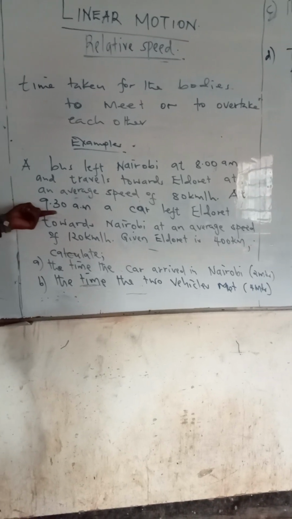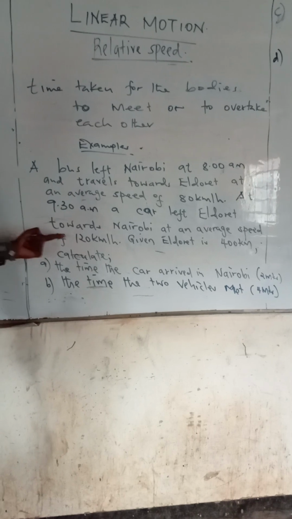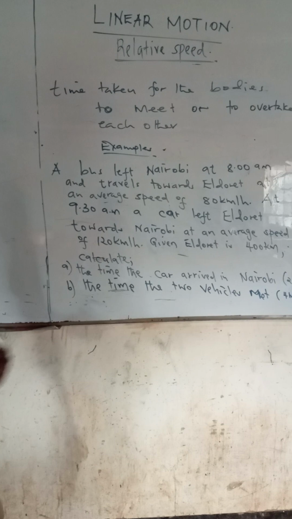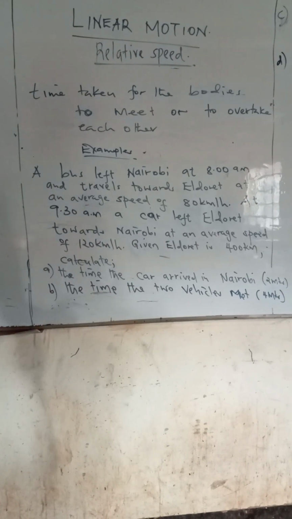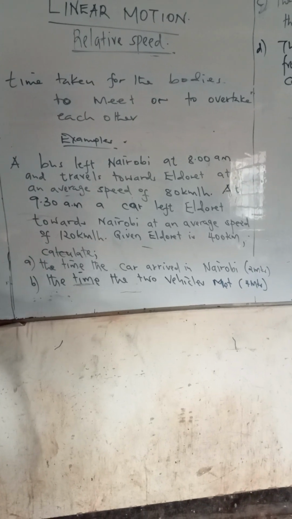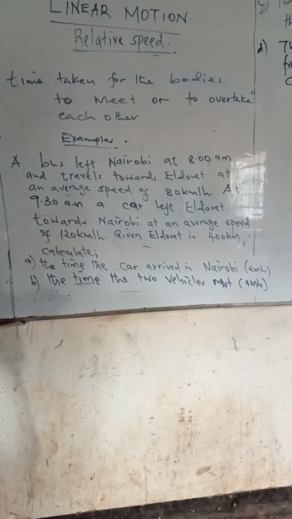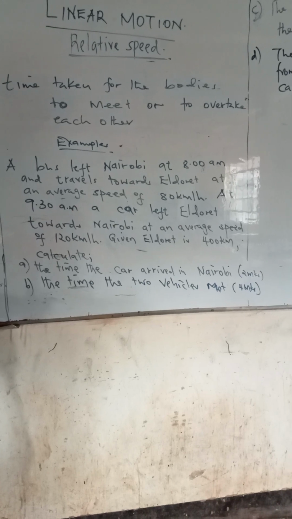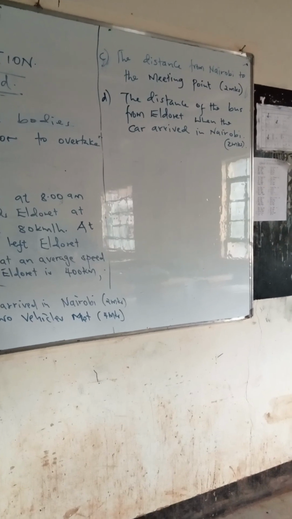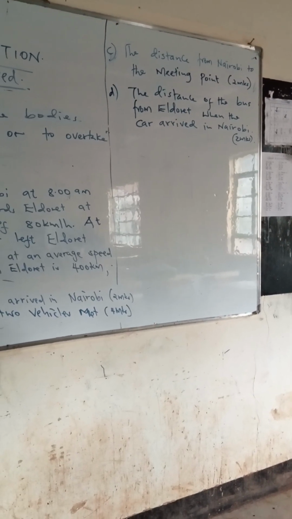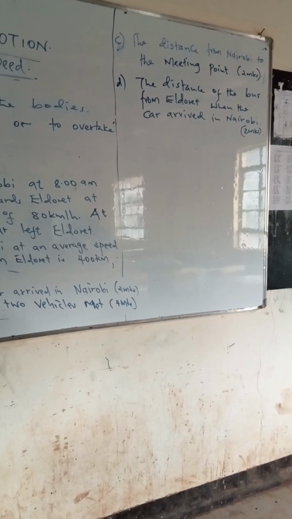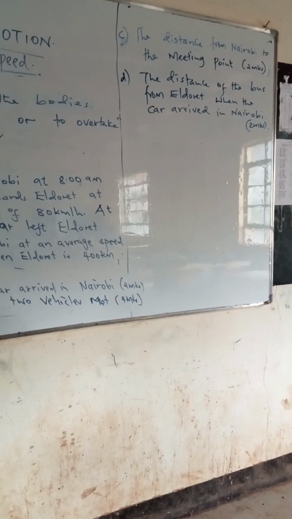At 9:30 a.m., a car left Eldoret towards Nairobi at an average speed of 120 kilometers per hour. Given Eldoret is 400 kilometers away, calculate A, the time the car arrived in Nairobi, 2 marks. B, the time the two vehicles met, 4 marks. C, the distance from Nairobi to the meeting point, 2 marks. Then D, the distance of the bus from Eldoret when the car arrived in Nairobi.